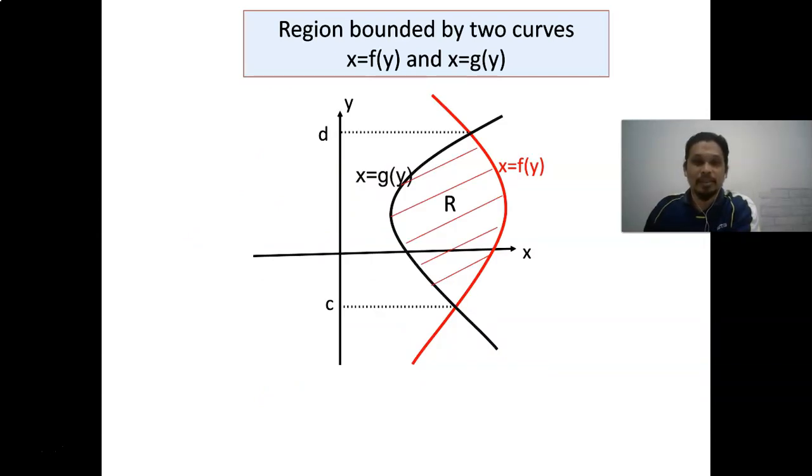And also here, the region bounded, because the integral of x f(y), the red one here, gives you the whole area between the curve and the y-axis, minus the area of g(y) between this curve and the y-axis.